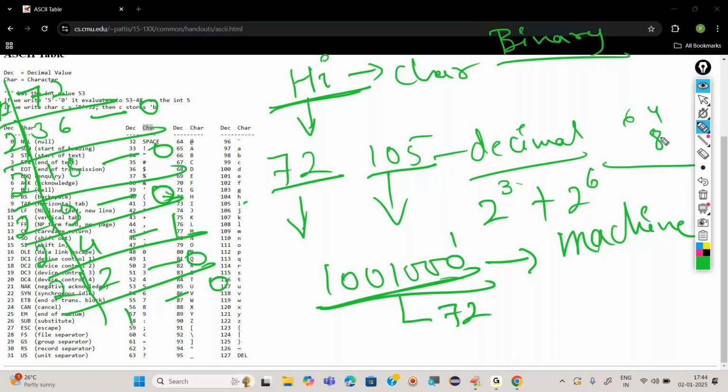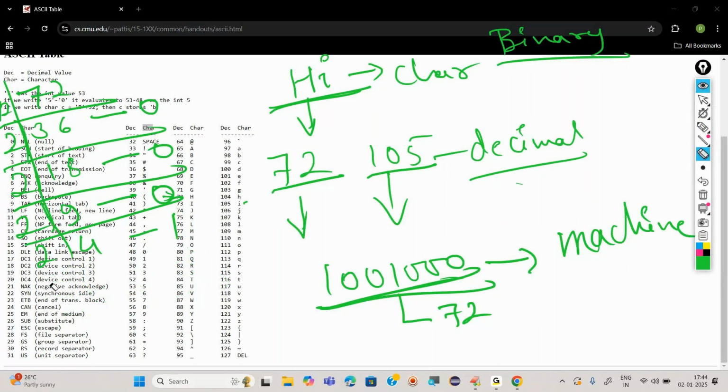So when you go for it, 64 plus 8, and this is 72. That's it, we got it again. That is a simple scenario. You don't have to understand this for now, everyone, just keep it aside. I'm just showing you how it can convert the value I have given.